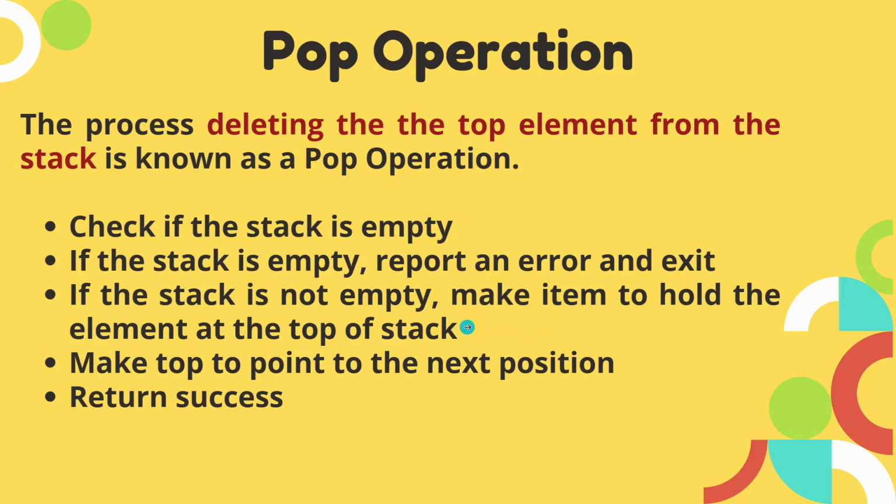So, we remove the element from the top of the stack and decrement the top pointer by 1, so that top now points to the next element following the element that has been deleted, and finally we return a success. Here we can see how the pop operation works with an example.